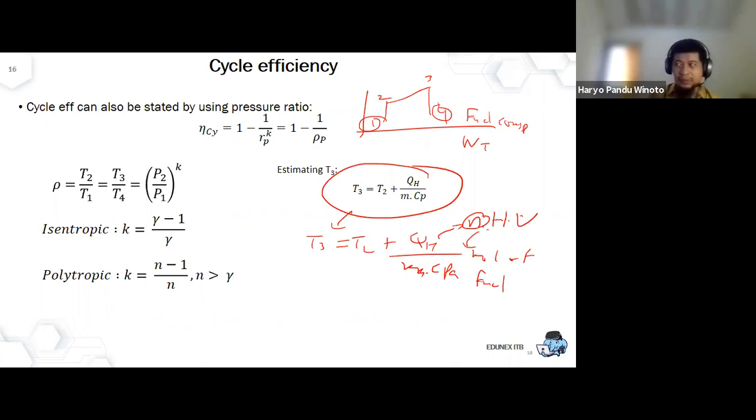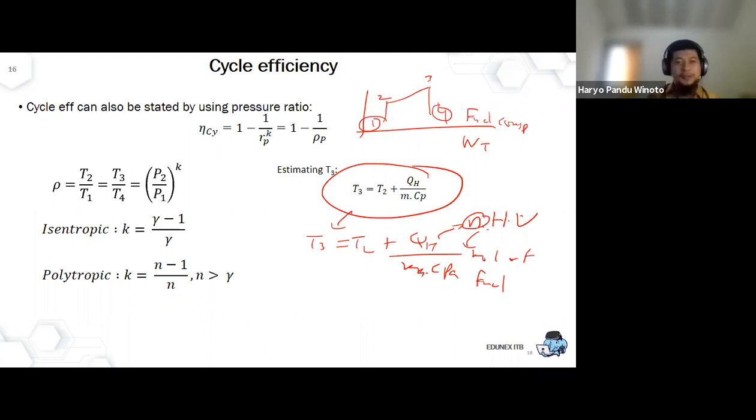T1, P1, and then T4, P4. P4 is implicitly said to be 1 bar. And T4, we know by measuring through the thermocouple.